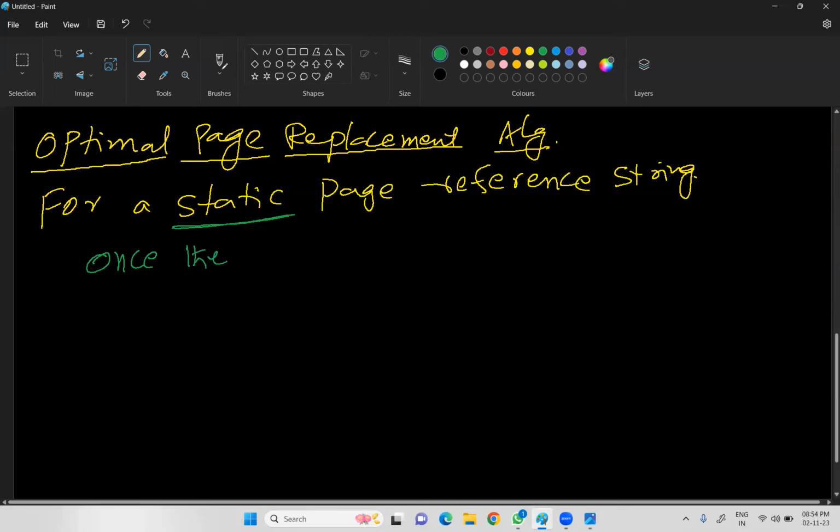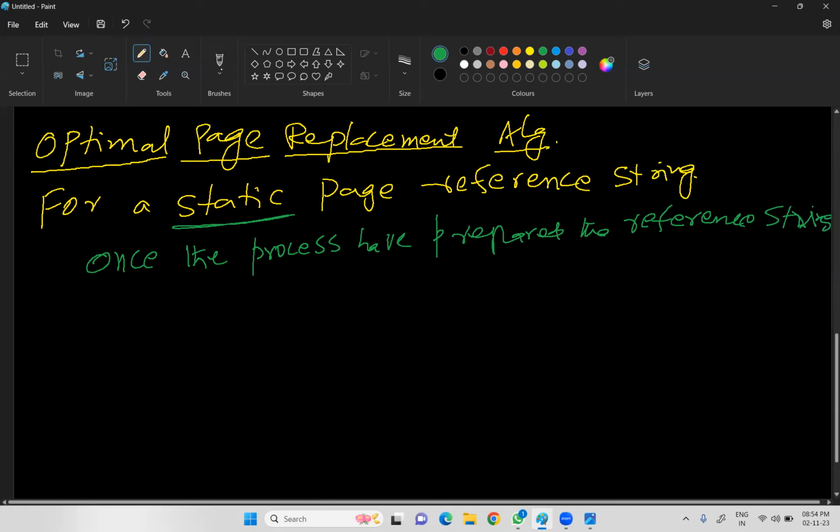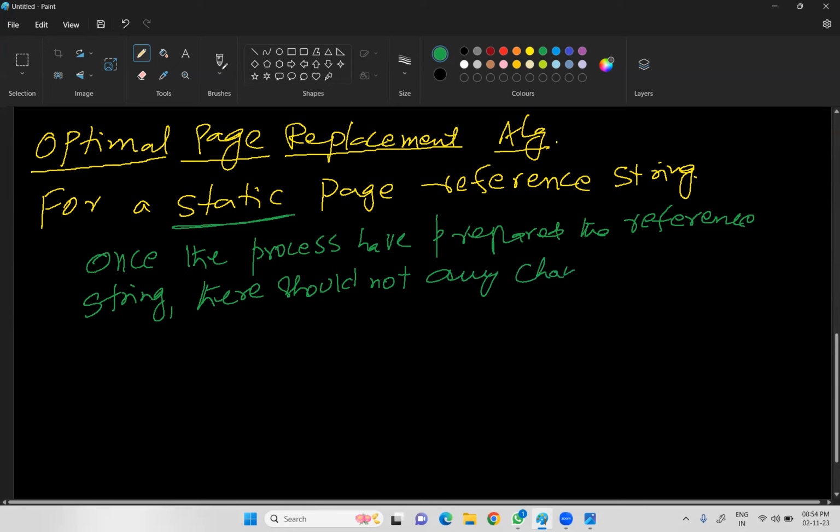the reference string, there should not be any change until its completion.